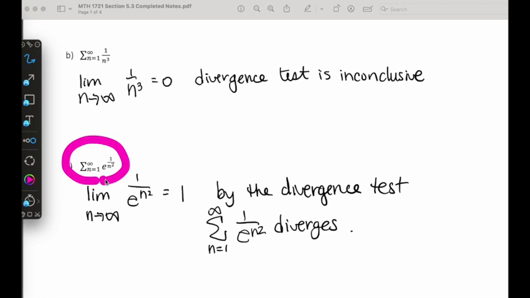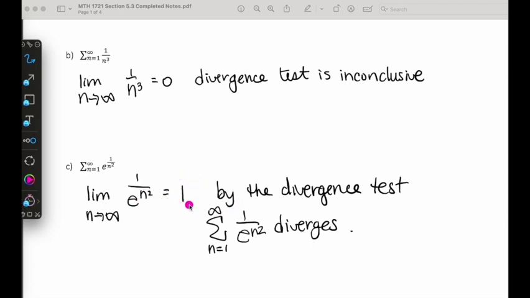For this last example for using the divergence test, if I take the limit as n goes to infinity, this n squared gets larger and larger, which means this whole fraction gets smaller and smaller and approaches 0. And e to the 0 is 1.